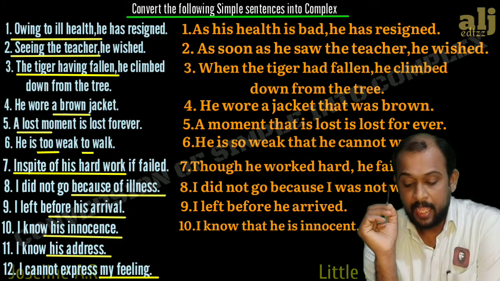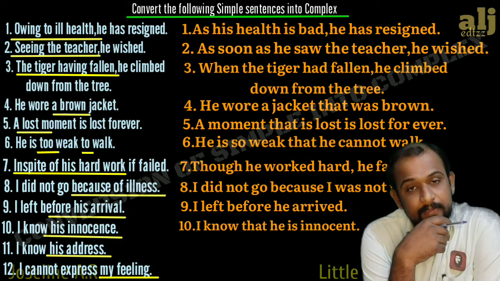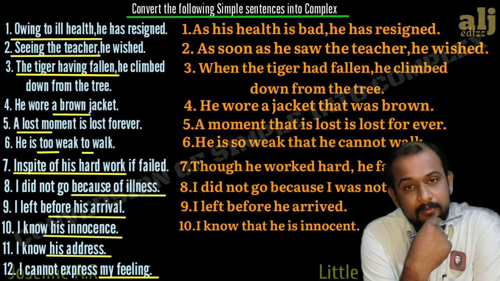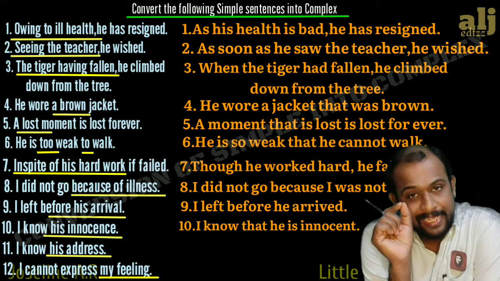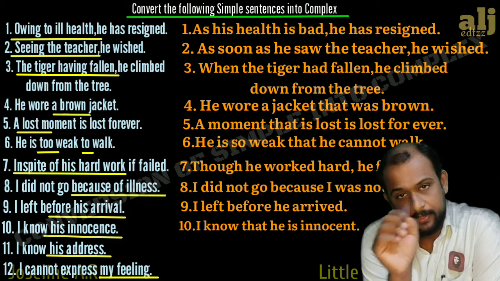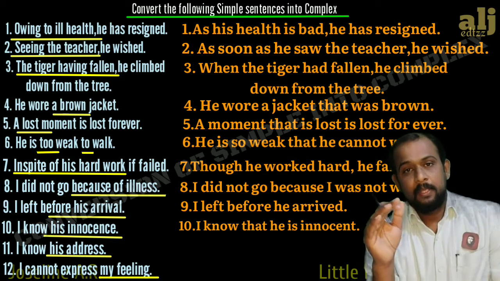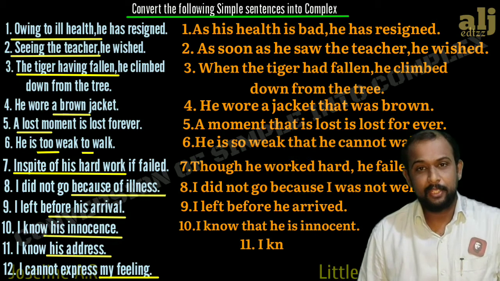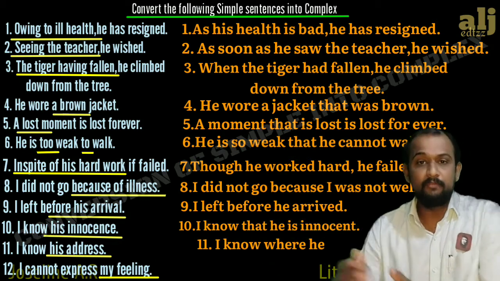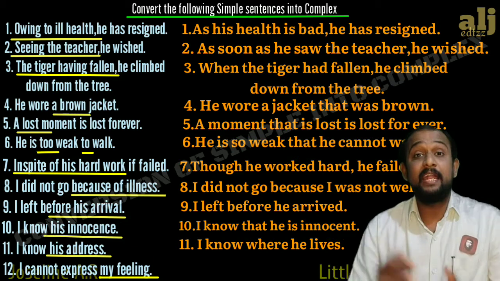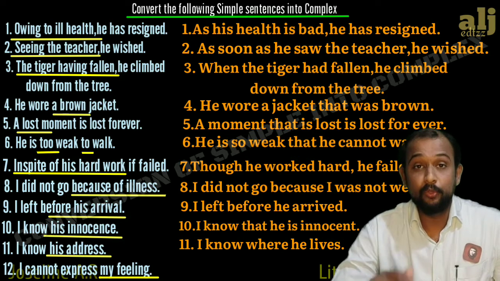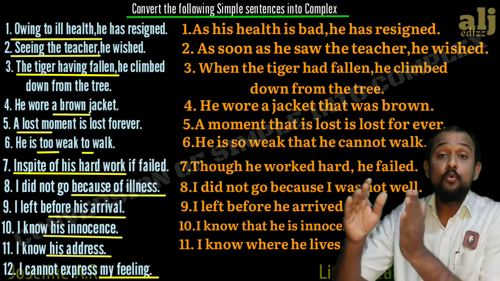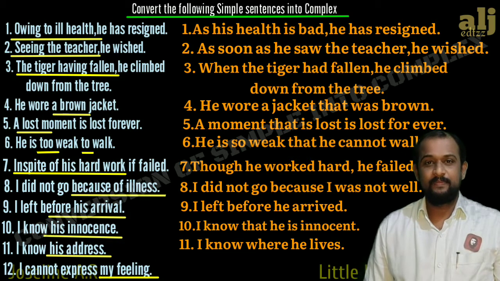See, I know his address. So this is a little typical, right? I know his address. I know where he lives. I know his address means the place where someone lives.